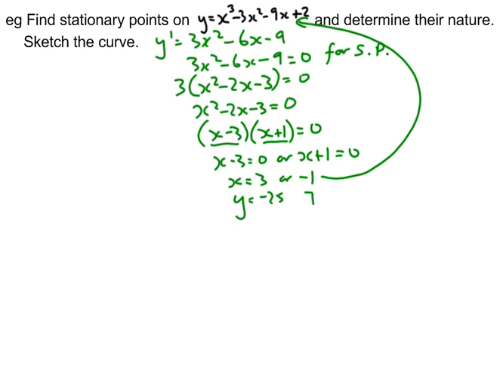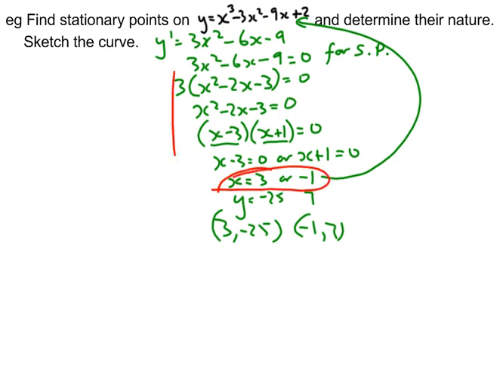So that means our stationary points are at (3, minus 25) and (minus 1, 7). So we'll have to then have a look at the second derivative at each of those x values. These are our x values here and here. Let's check out the values of the second derivative for each of those x values.